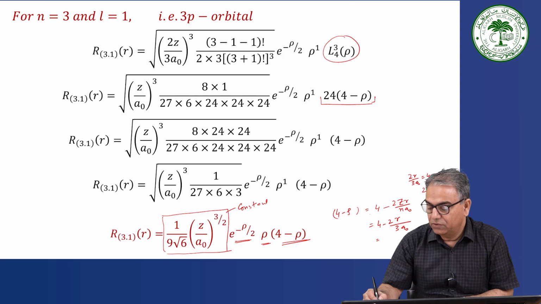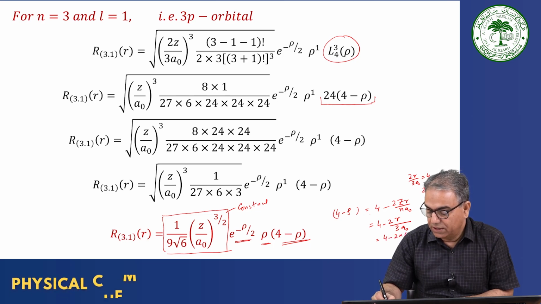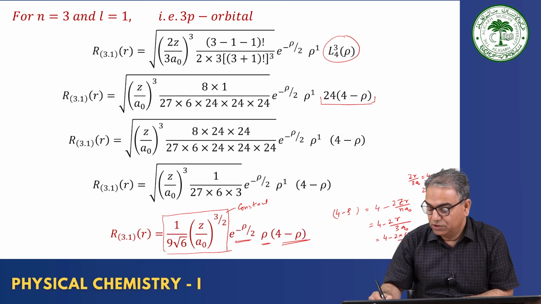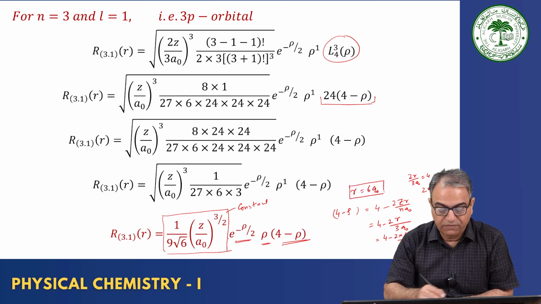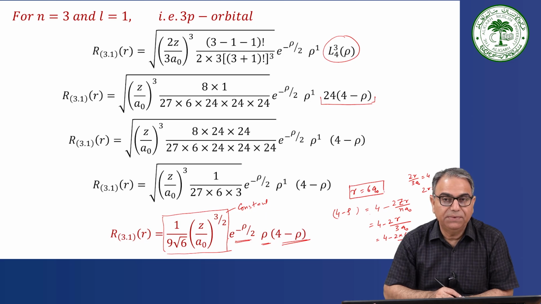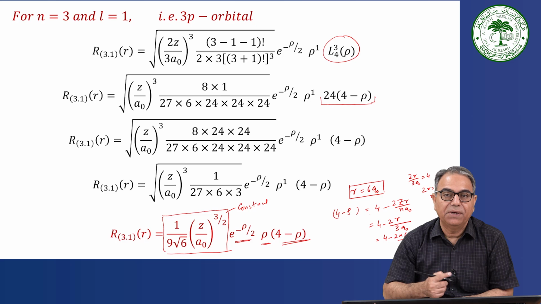You get 2R is equal to 12 a naught, or R is equal to 6 a naught. So if you put R equal to 6 a naught, you get 4 minus 12 a naught divided by 3 a naught. 12 divided by 3 is 4, and you get 0. So the moment R is equal to 6 a naught, the function will be 0 for the 3p, and you will have a node there. Okay. This is how you interpret radial wave functions.